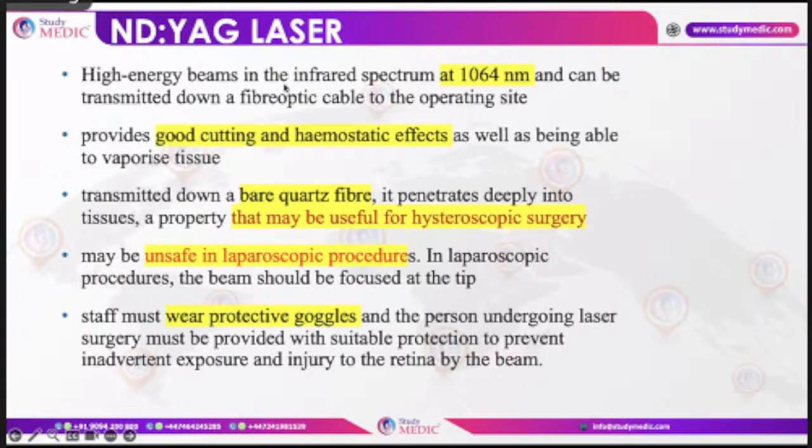Okay, so this one can be transmitted down a fiber optic cable. So this can be used for hysteroscopic surgery because you can utilize this energy in the fiber optic cable. Of course, this provides good cutting and hemostatic effects. So this is the best one to use in hysteroscopic surgery.